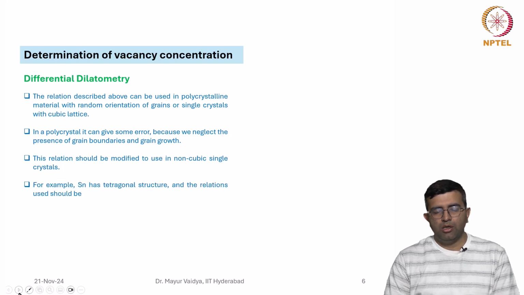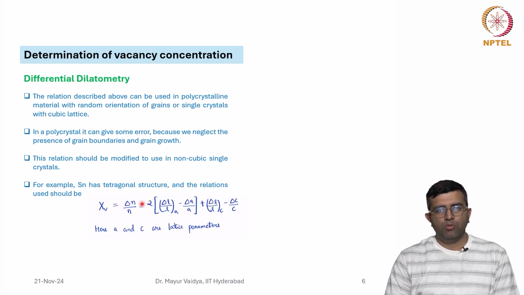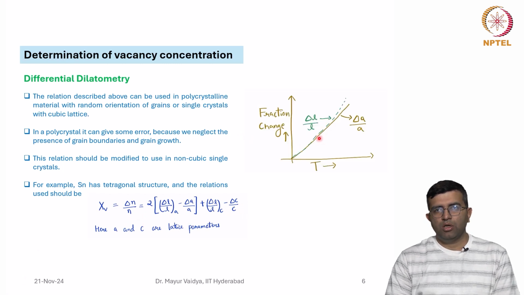For example, tin has a tetragonal structure, and for tin the relation should be delta n by n is equal to 2 times delta L by L in the A direction minus delta A by A, plus delta L by L in the C direction minus delta C by C. Here A and C are the lattice parameters. And if delta L by L and delta A by A are measured very close to each other, then you can get the value of xv.